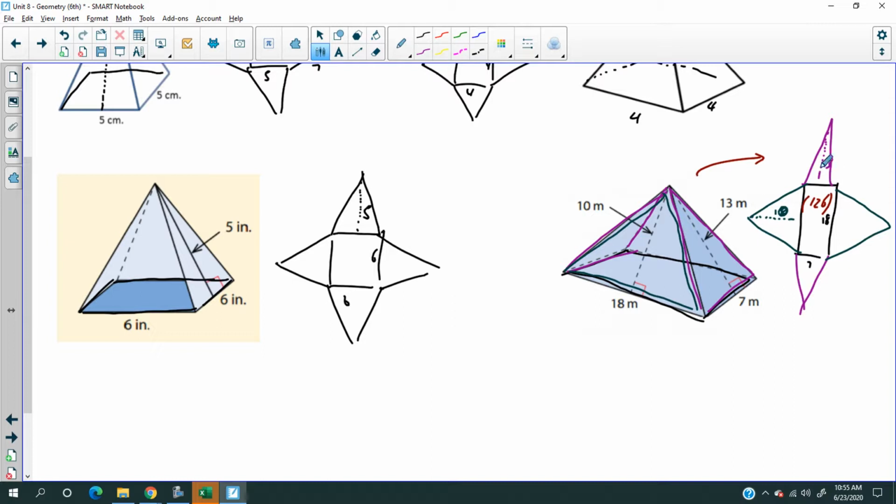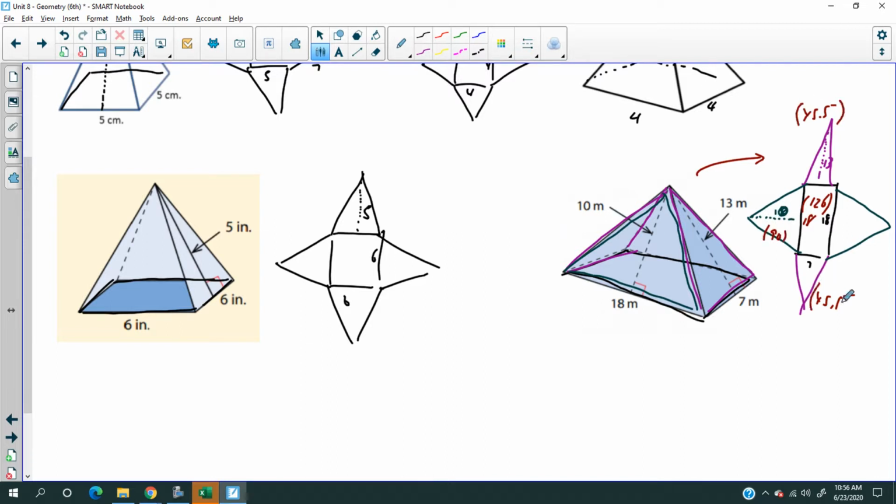All right, now let me find this one. So 7 times 13 divided by 2, right? I mean, technically I don't need to do that because it's 45.5, but I'll do it. All right, 45.5. So this one's 45.5. And then 18 times 10 divided by 2. 18 times 10 is 180, divided by 2 is 90. So this is 90.